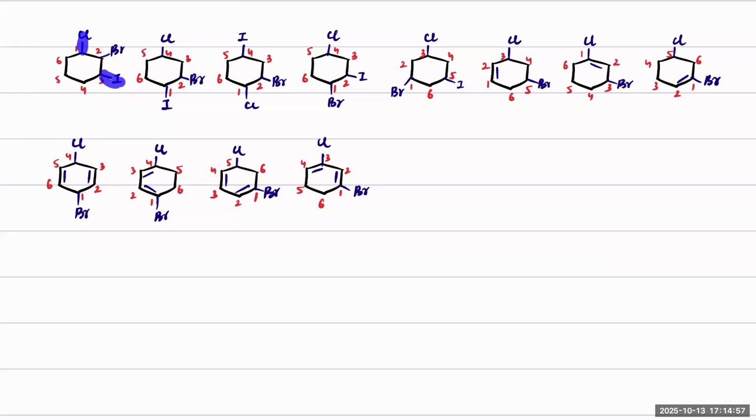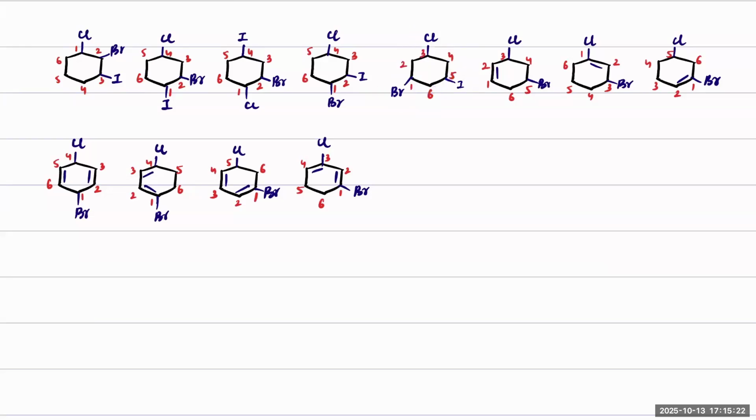C versus I. Now here only lowest locant. 1, 2, 3, 4, 5, 6. This is the lowest locant. Again here numbering is same whether you go clockwise, whether you go anti-clockwise. In that case, alphabetical precedence is preferred. So 1, 2, 3, 4, 5, 6. First B, then C, then I.